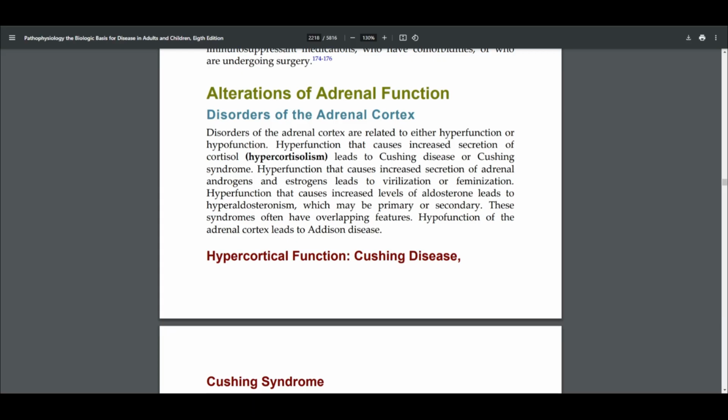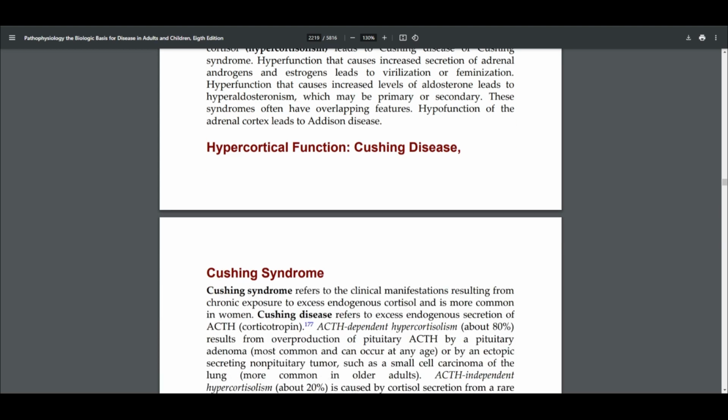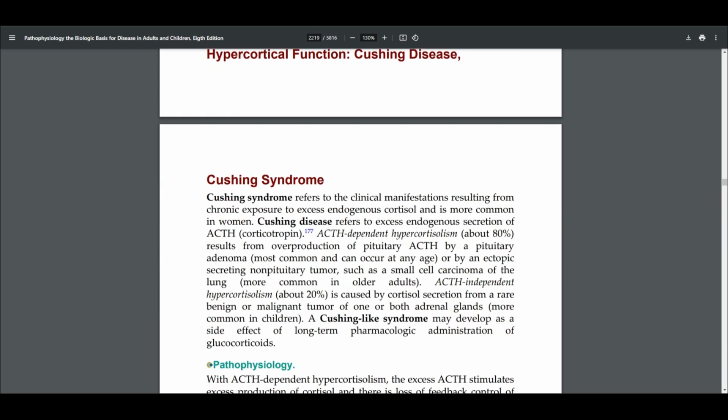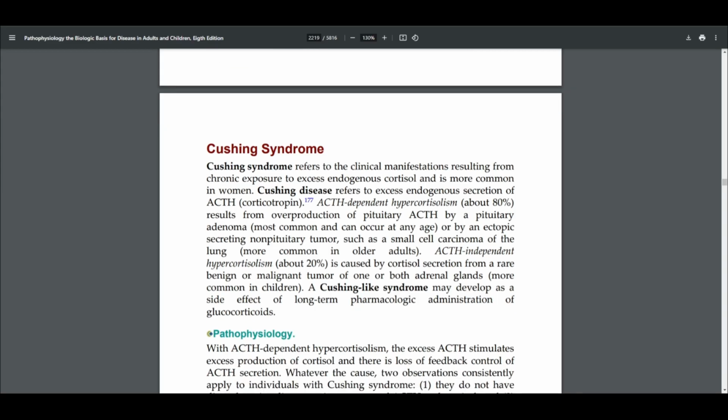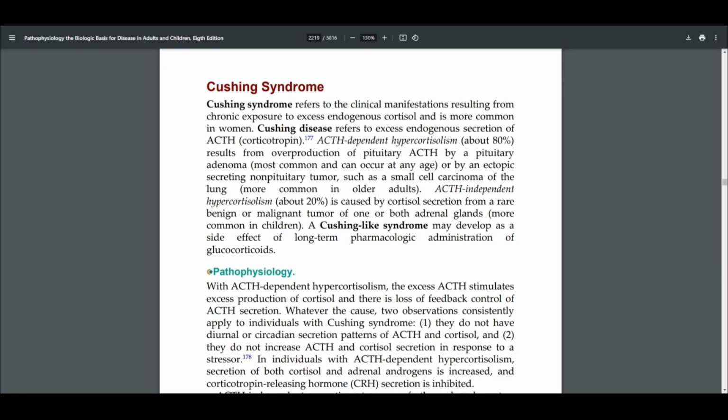So hypercortical function, or Cushing disease, or Cushing syndrome. Cushing syndrome refers to the clinical manifestation resulting from chronic exposure to excess endogenous cortisol and is more common in women. Cushing's disease refers to excess endogenous secretion of ACTH, corticotropin.